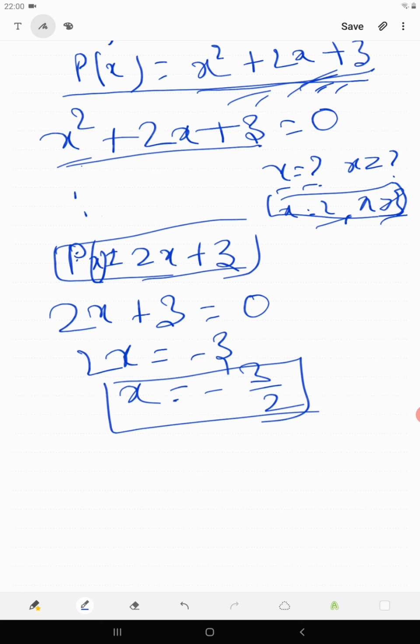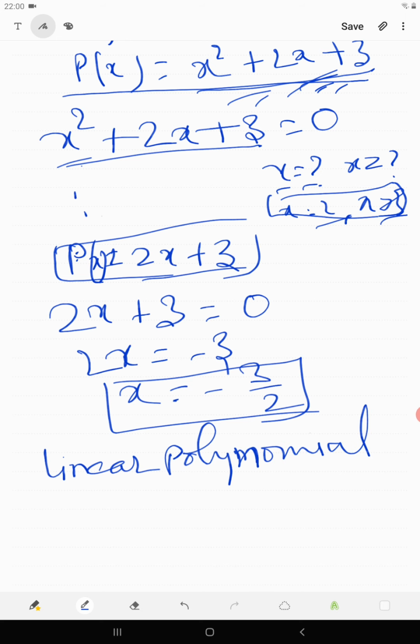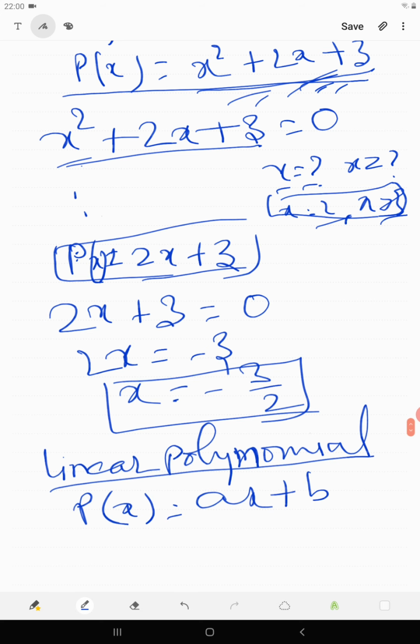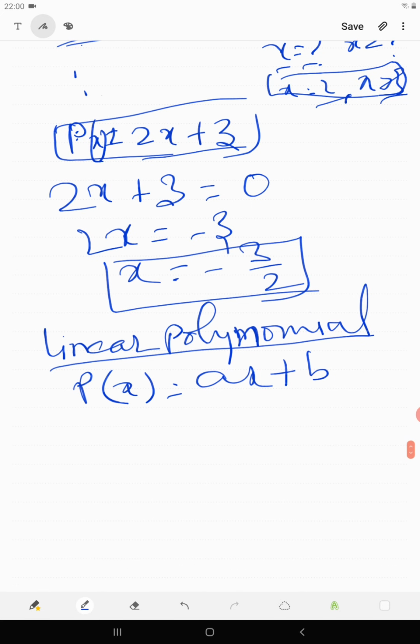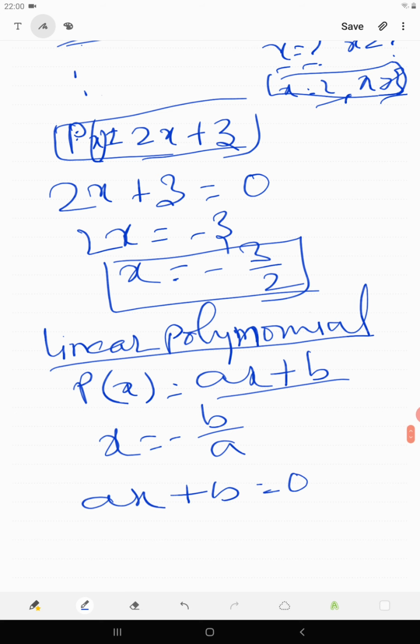So generally, for a linear polynomial, if it is written as p(x) equals ax plus b, then the zero for this will be x equals minus b by a. How? Let's do it. ax plus b is 0, because to get the zero of this polynomial, we have to equate the right hand side with 0 and get the value for x.